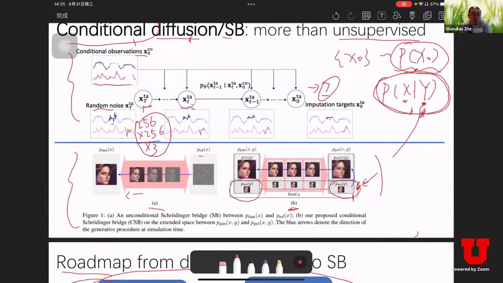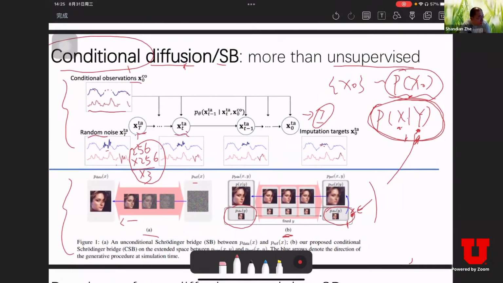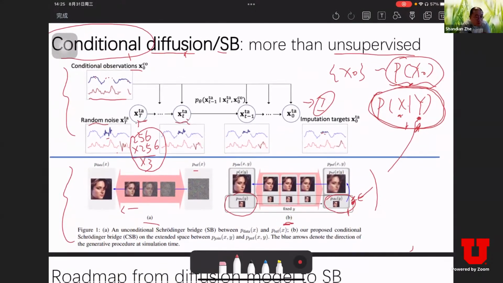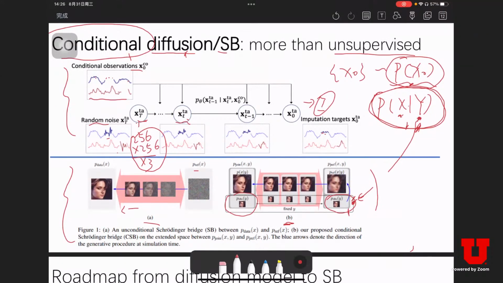But if you do, for example, imputation of time series data, I think it's not that high dimensional. Yet after I tried some experiments on time series imputation, it is also kind of memory intensive.